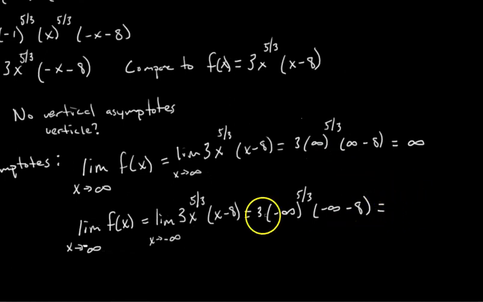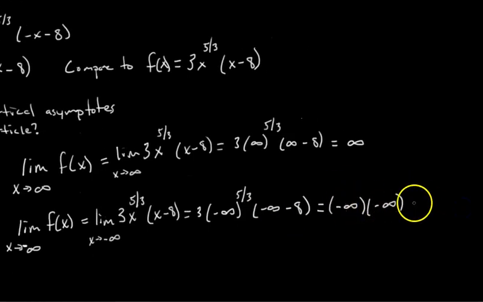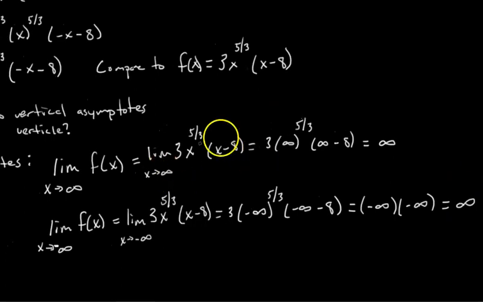So this first term, 3 times negative infinity to the 5/3, simplifies to negative infinity, and negative infinity minus 8 is again just negative infinity. So you have negative infinity times negative infinity, and the negatives cancel, and you just get infinity again. Hopefully that wasn't too confusing, but that's what the limits are.